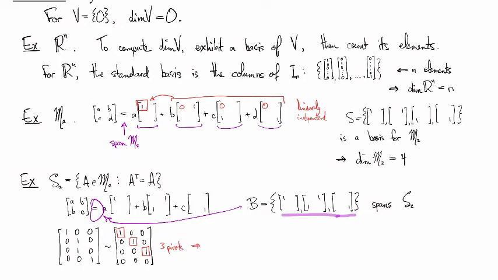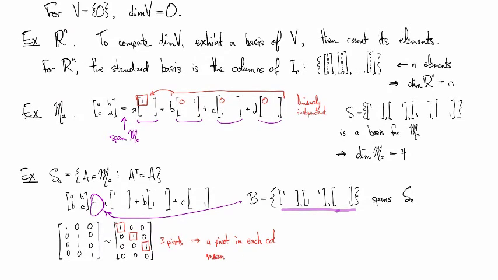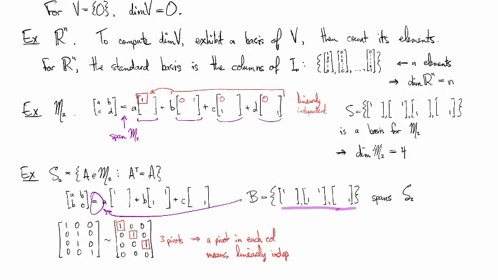Since I have a pivot in each column, that means this is a linearly independent set. So together, based on the fact that it's independent and spanning, I know that I have a basis. And since there are 3 things in there, I know that the dimension is 3.